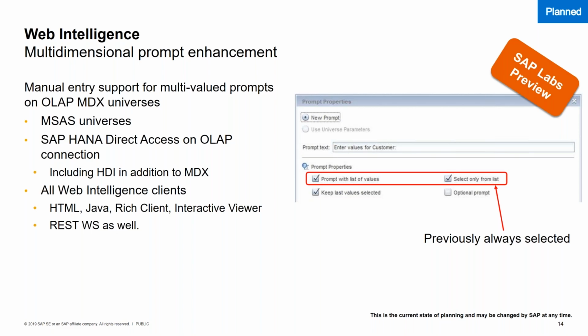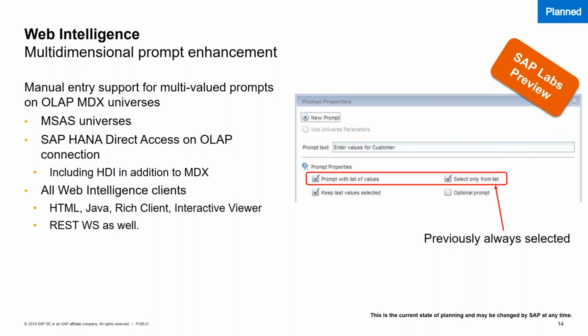In SP7, we have enabled the capability that you can select or not select only from list, which means that every time you're prompted on a hierarchical dimension, you can decide to fill in the prompt by using values coming from the list of values, or you can let your end user enter any string and add this as part of the value being selected for the prompt.